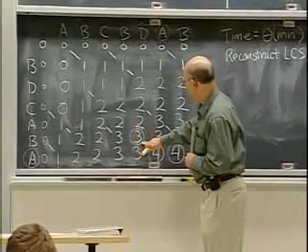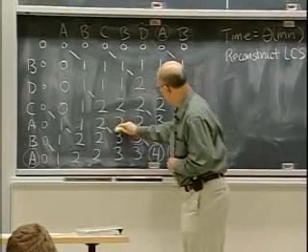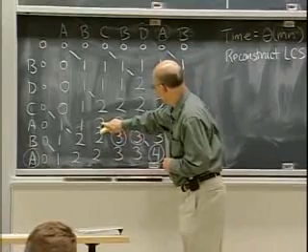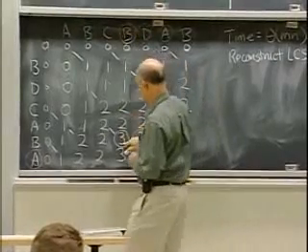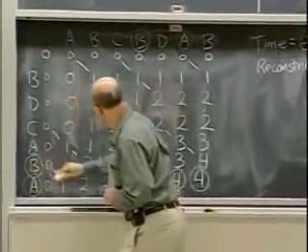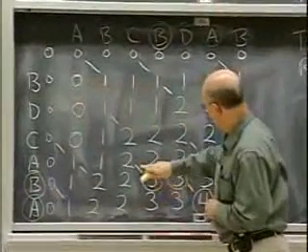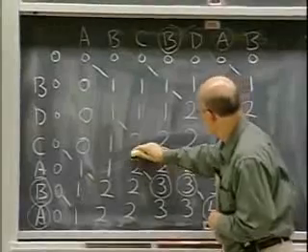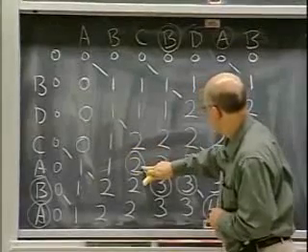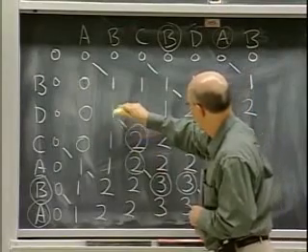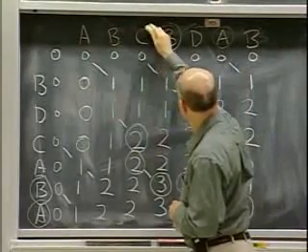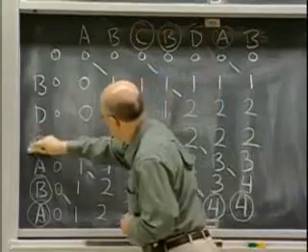I have 3 here. And now let me keep going. 3 here. And now I have another one. So that means this character gets selected. And then I go up to here. And then up to here. And now I go diagonally again, which means that this character is selected.